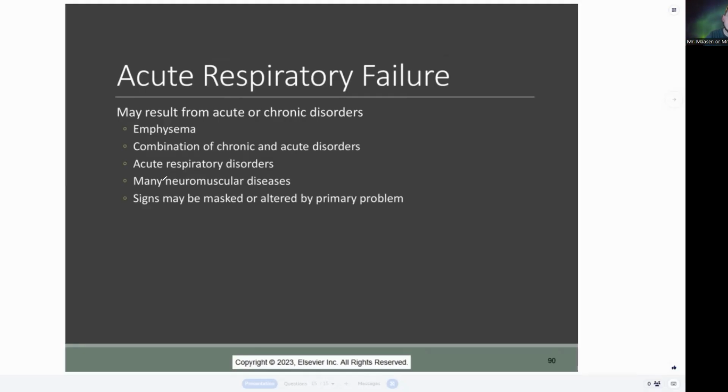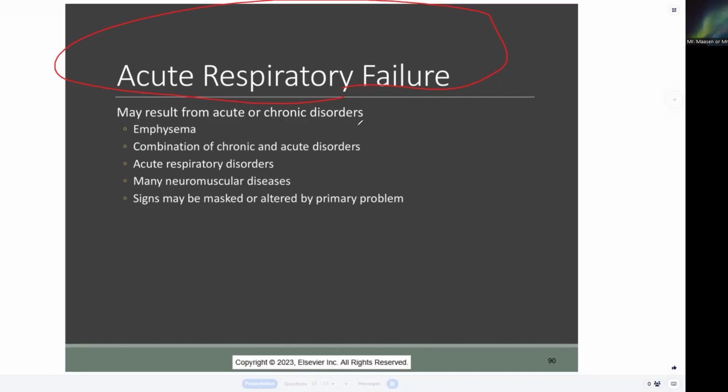It can be acute from severe pneumonia, those kinds of things. Most of the signs and symptoms of acute respiratory failure are going to be related to correcting the primary problem. So when you think about respiratory failure, it's a secondary response, where ARDS is like a secondary response to organ failure. Acute respiratory failure is a secondary response to primary conditions, disease processes.